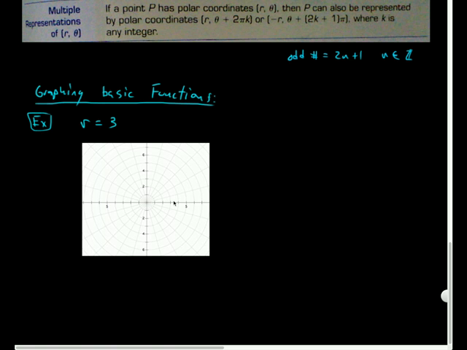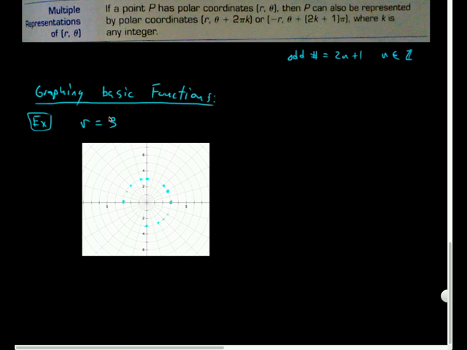So theta equaling 0 and 3 is a point. Theta equaling 30 degrees or 45 degrees, right? Or theta equaling 90 degrees or 105 degrees. Theta equaling 180 or 270. All of these points are going to be possible solutions of this equation.